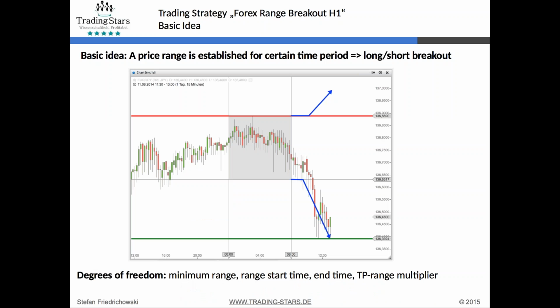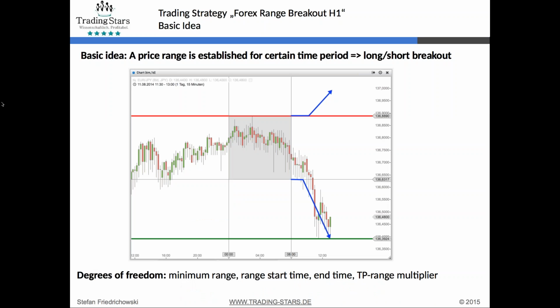So the basic underlying idea is quite simple and well known for any kind of range breakout. In this case, you have an example of the Japanese yen versus the euro, just as a short and brief example. If you look at the chart, you find a gray box.